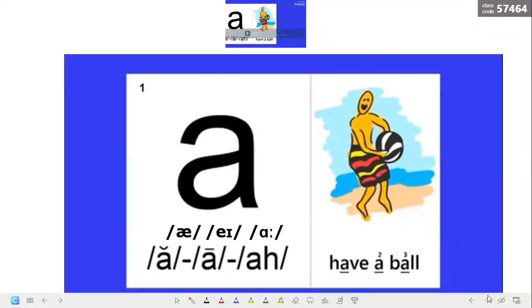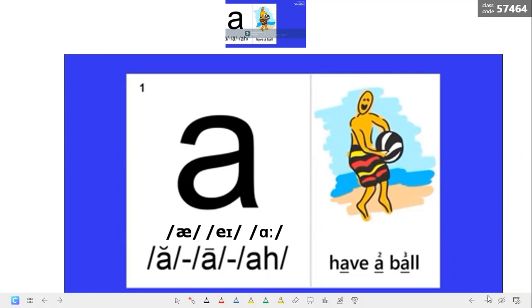Let's have a look at the phonograms. We defined phonograms as a sound or more than one sound that is produced or pronounced in a specific way.